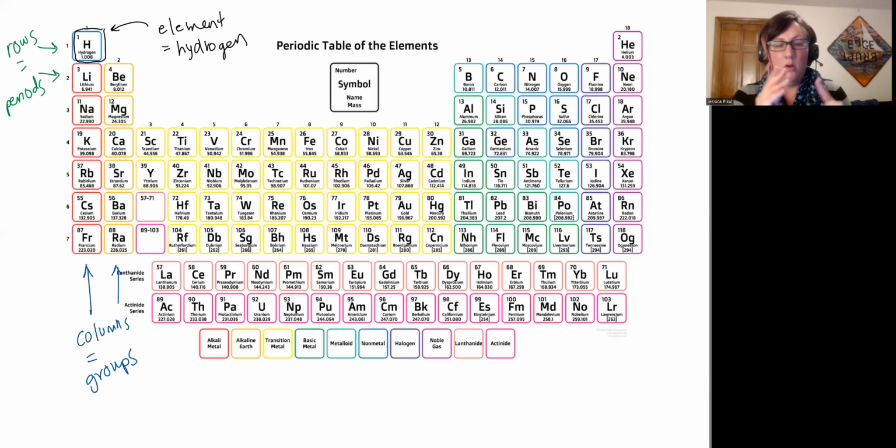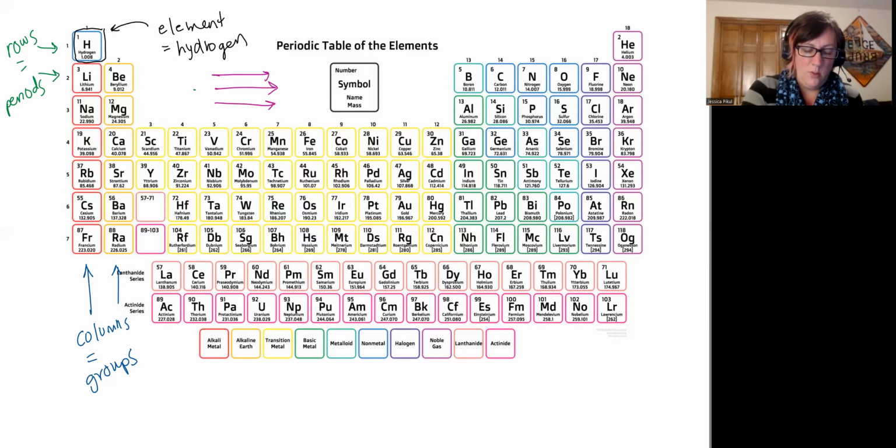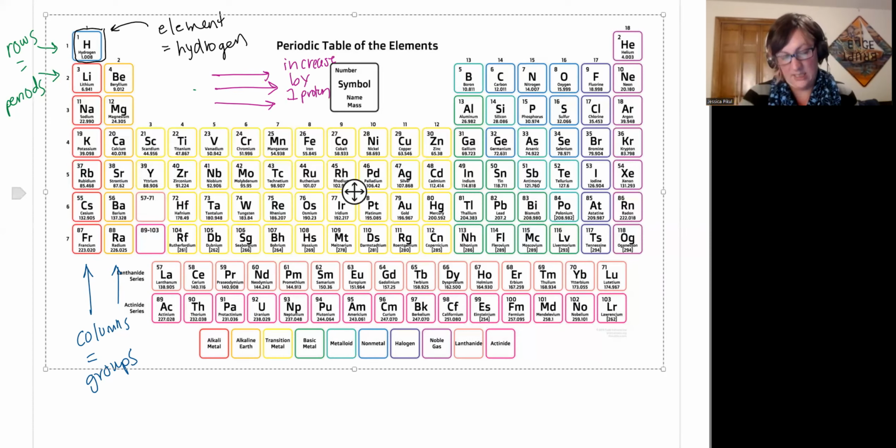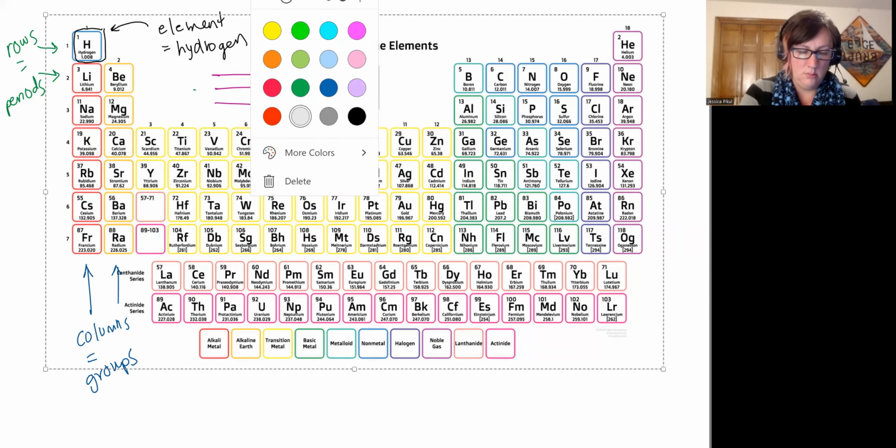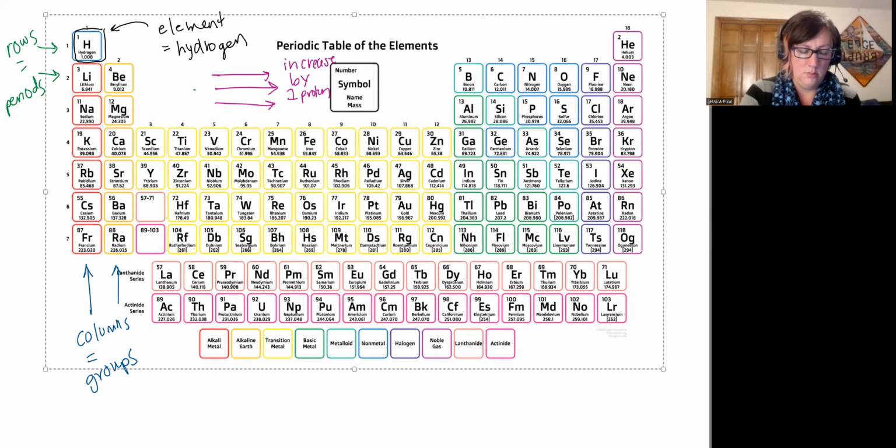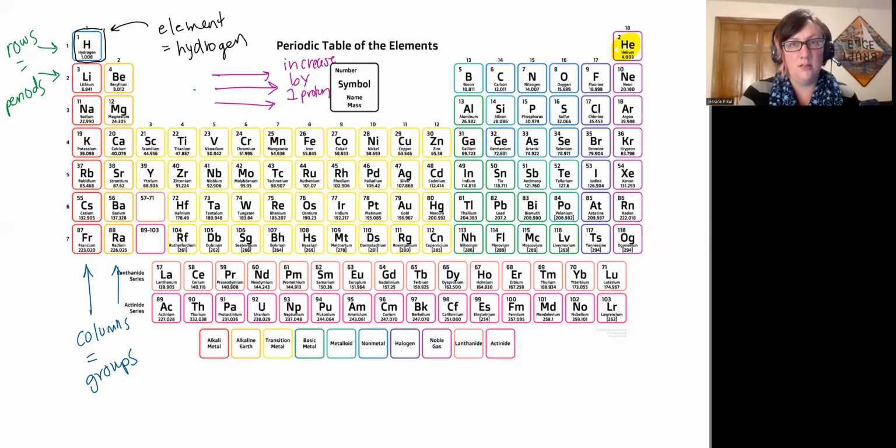So as we go left to right across our periodic table, let's use a different color, we increase by one proton. It's left to right and then down. So we have one proton here for hydrogen, and then we have 2 protons over here for helium.